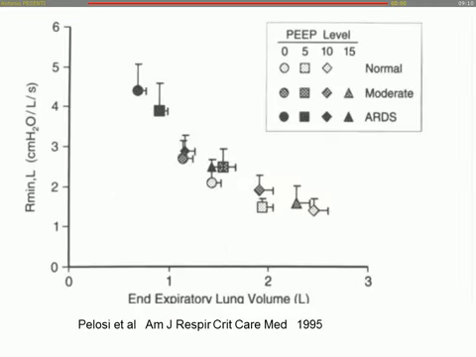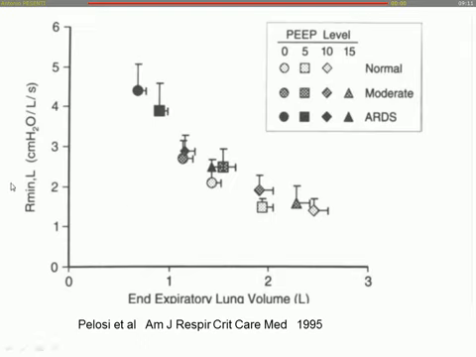We often forget that ARDS lungs are indeed baby lungs, small lungs. Small lungs have high resistances. The smaller the lung, the higher the resistance. 1 liter per second in a big lung is not a big problem. 1 liter per second in a small lung is a huge pressure drop.